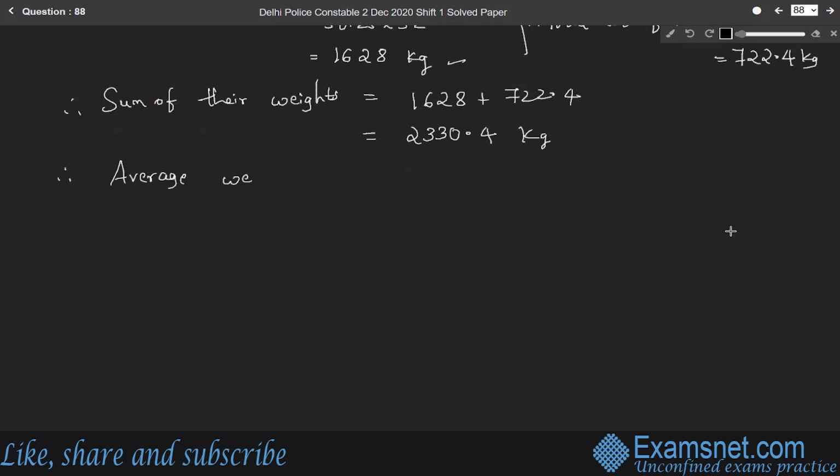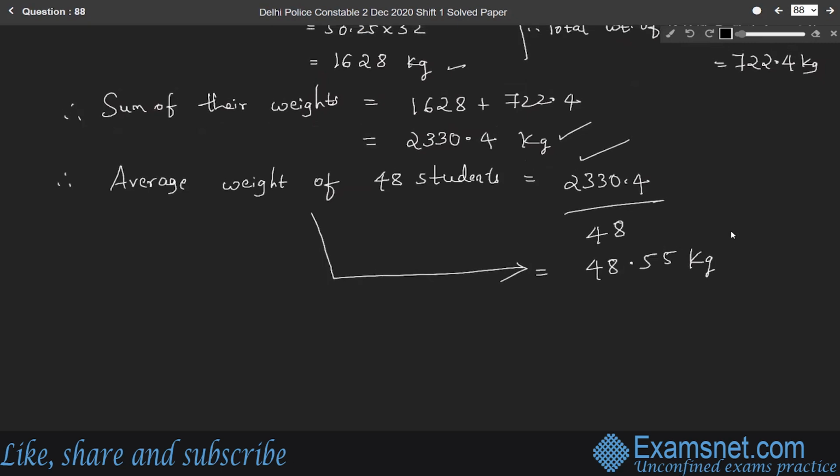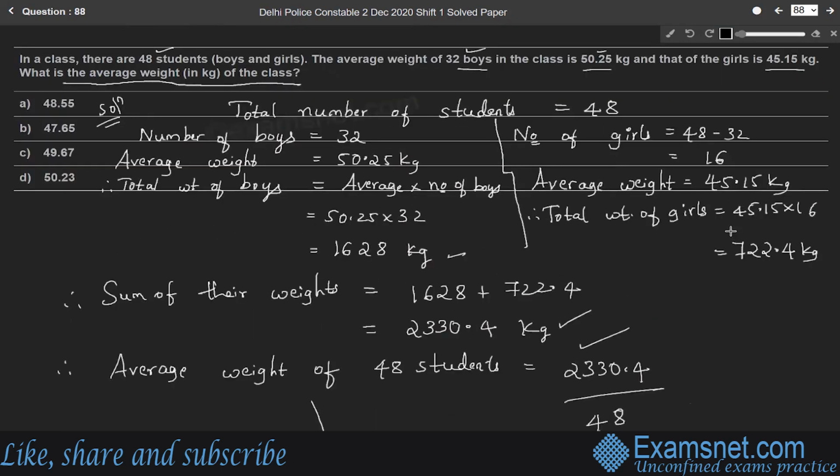Average weight of the whole class means 48 students is equal to sum of their weight, 2330.4 kgs, divided by number of students, that is 48, which is 48.55 kgs. Therefore, average weight of 48 students is 48.55 kg. Hence, option A is the right answer.